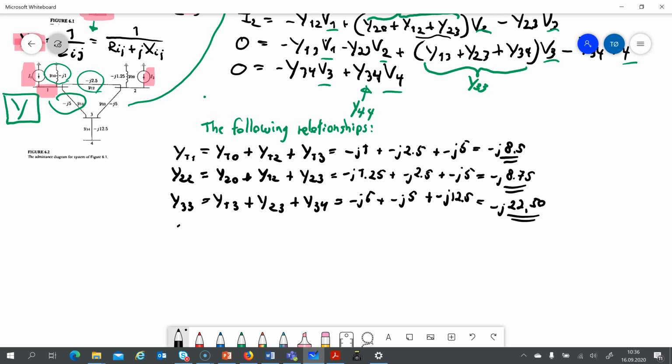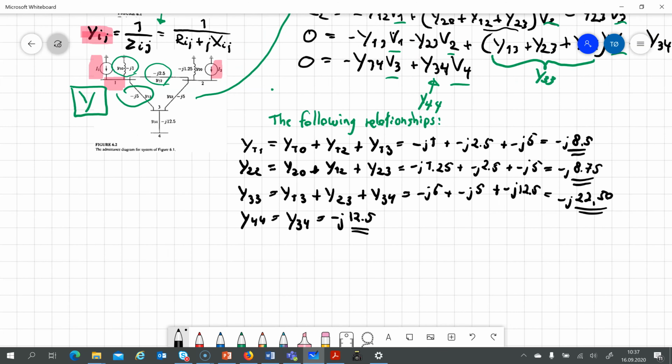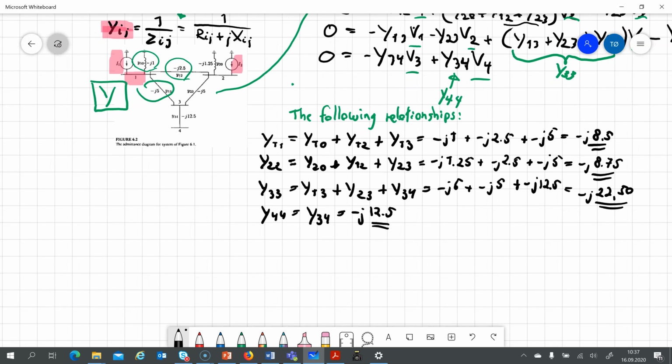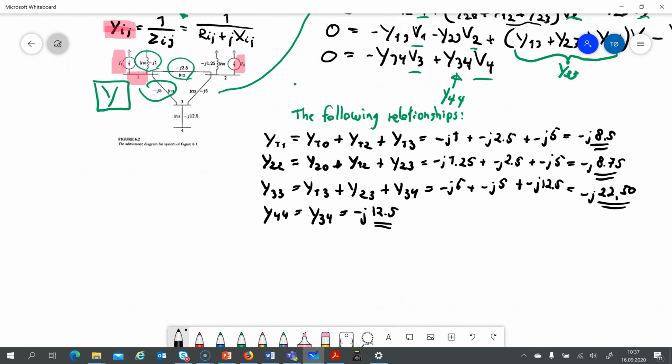Like this, and then we have the last one, y44, which equals y34, equals minus j12.5. So remember that what we are actually doing now is to bring out this Ybus.